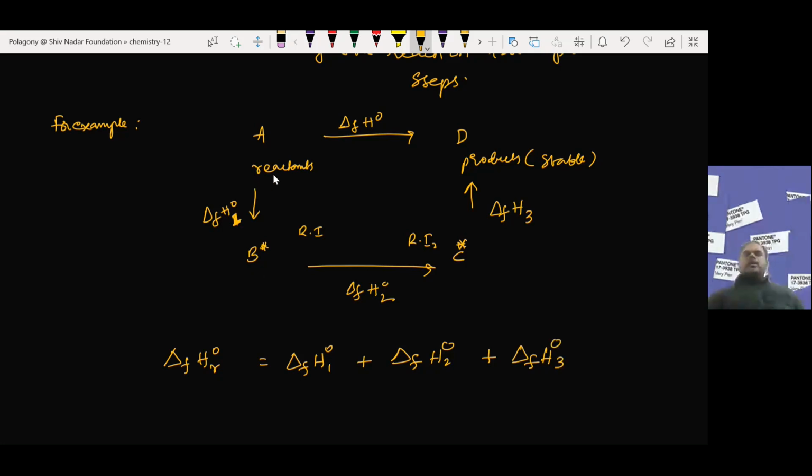That means the energy change, the enthalpy change, is constant during the chemical reaction. Whether it takes place in a single step or in multiple steps, the sum of the enthalpy changes of the reaction intermediates is equal to the enthalpy change that takes place in a single step. So it is said to be Hess law of constant summation of heat.